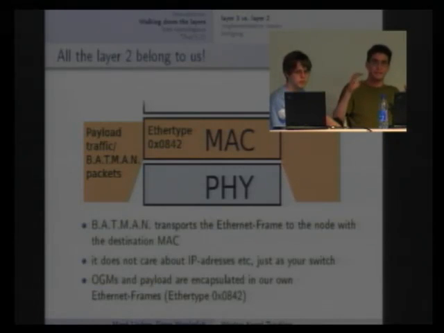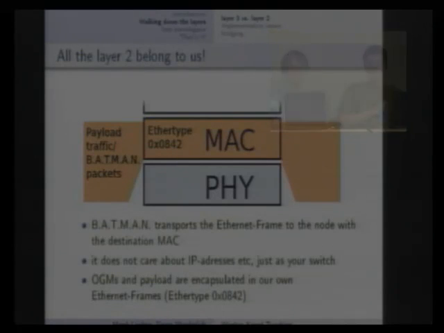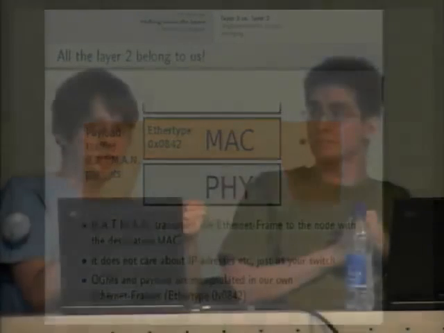You set your default route on this interface, and this directly ends up in the routing daemon, and the routing daemon will take your payload, your traffic, and encapsulate it again to transport all the data over the network. So we take just the Ethernet frame as it is, encapsulate it in our own Ethernet frame, and send it out, and it will come out on the other end as we put it in.